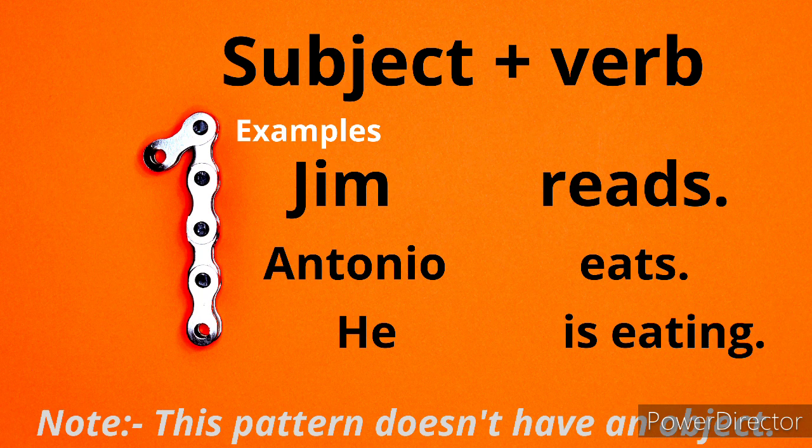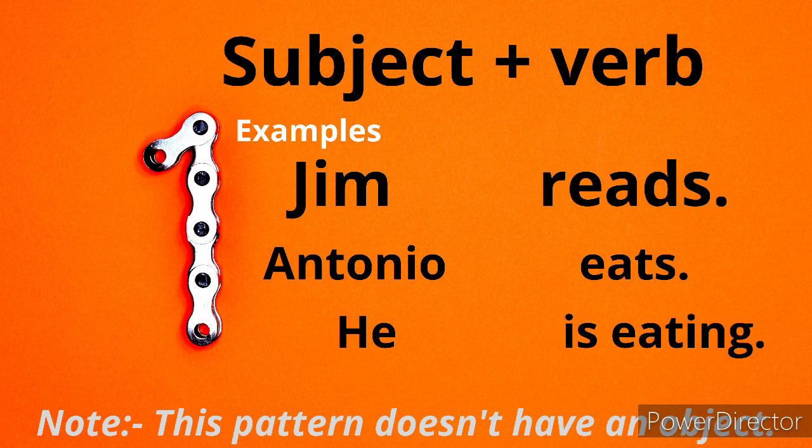So in the first sentence, Jim is our subject and reads is the verb. And this sentence does not have any object. Let's have a look at the second sentence, that is Antonio eats. So Antonio is subject and the verb is eats.